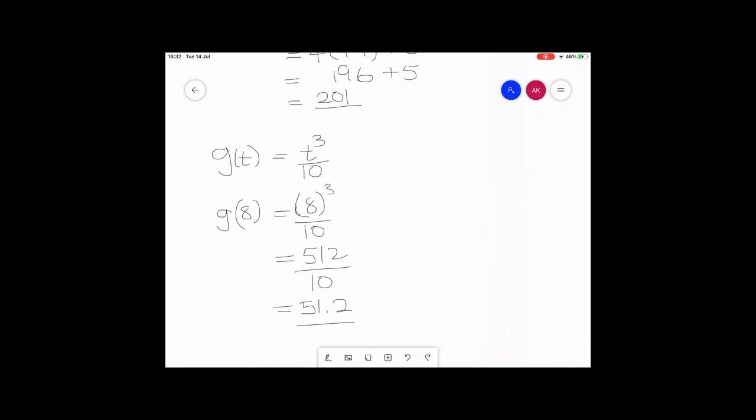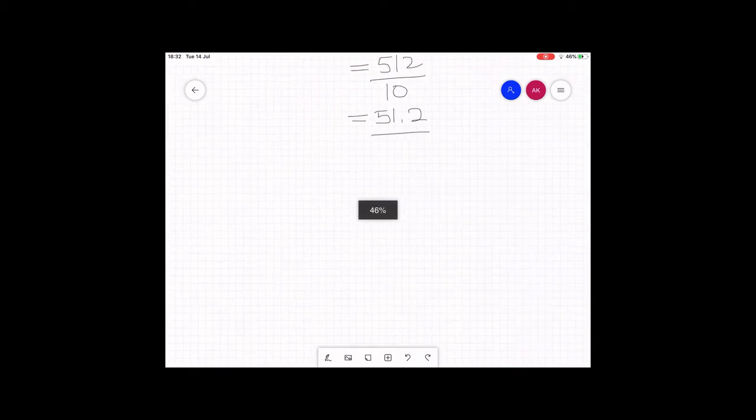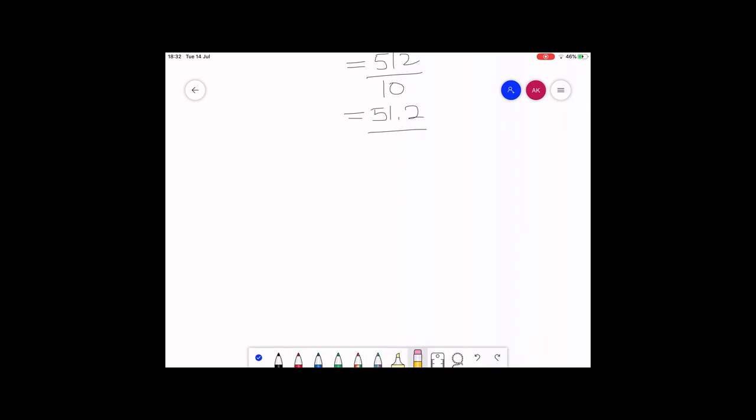Now we are going to move on to the next aspect, which is our last aspect. It is possible for us to be given the output, and then we are asked to find the input. Let us look at a function that I'm going to call h. A function I'm going to call h(z). This function is equal to 5 minus x squared.